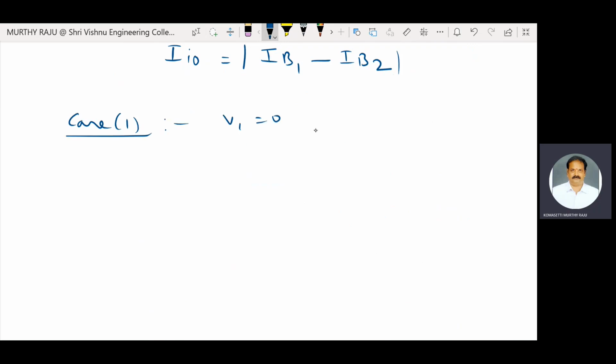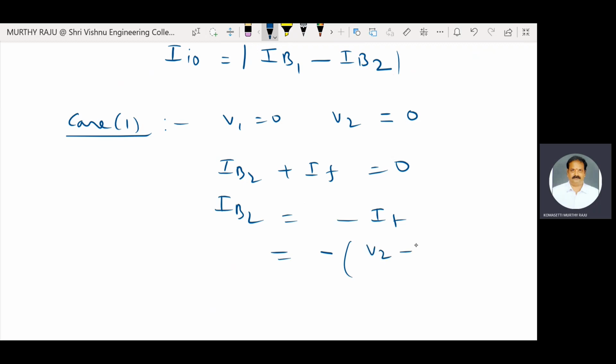V1 is equal to 0, V2 is also 0. According to nodal analysis, and the resistance R1 is connected between two grounds. Therefore, IB2 plus IF is equal to 0. Therefore, IB2 is equal to minus IF. IF means V2 minus V0 by RF.